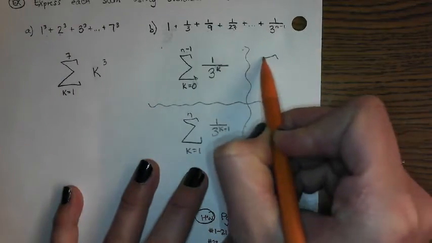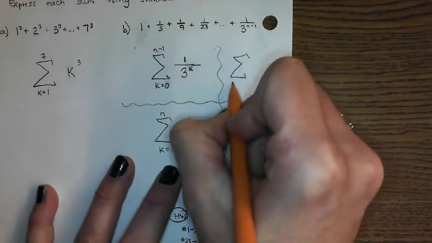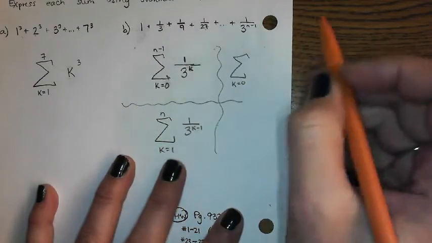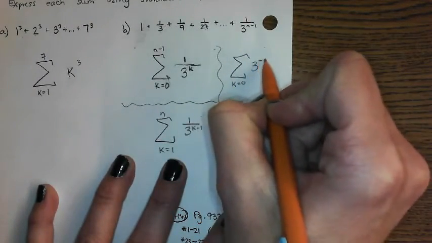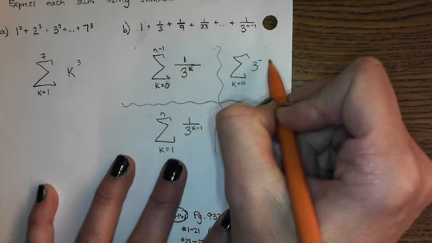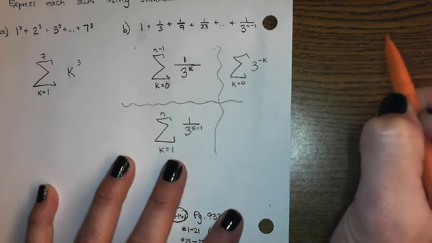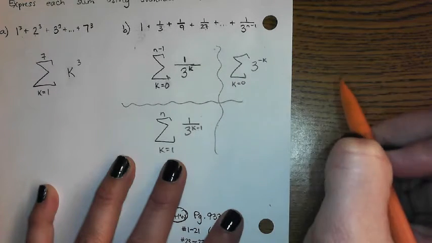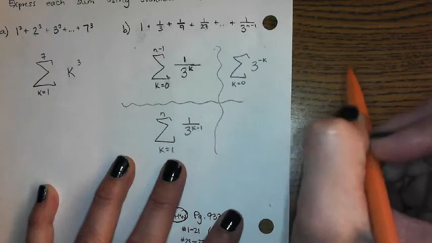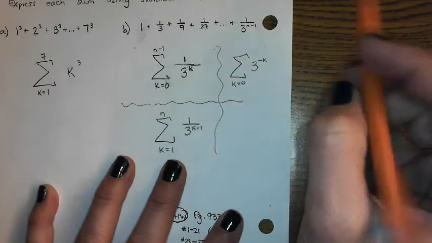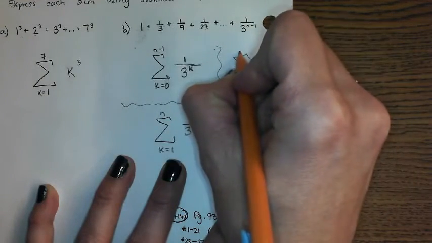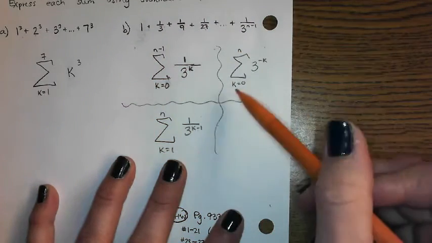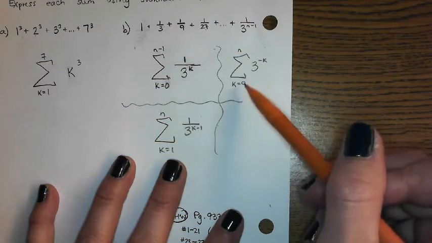Hold on. Say that one more time. Yep. Negative m? Okay. That's okay. Well, I need an n in there. This is fine.